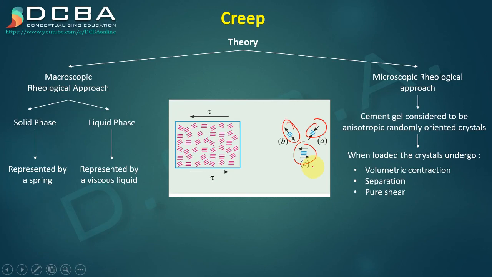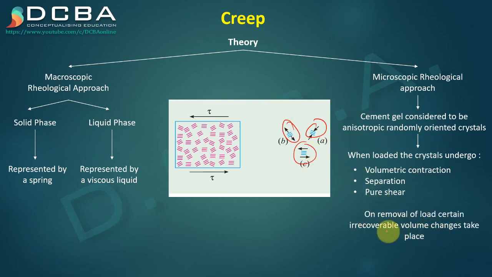After loading is removed, there will be only part recovery of the material, and the rest of the material will be permanently deformed, or irrecoverable volume changes will take place on removal of load. So even after loading is removed, a permanent deformation and a permanent volume change has taken place, but the stress has remained the same. So this is again one of the theories given for creep.